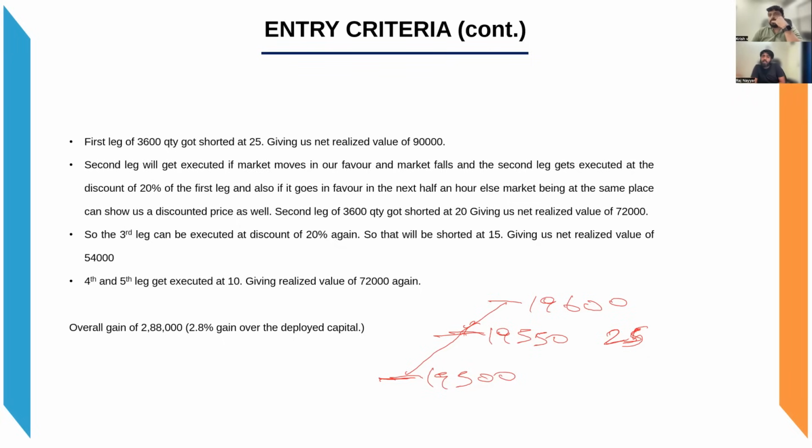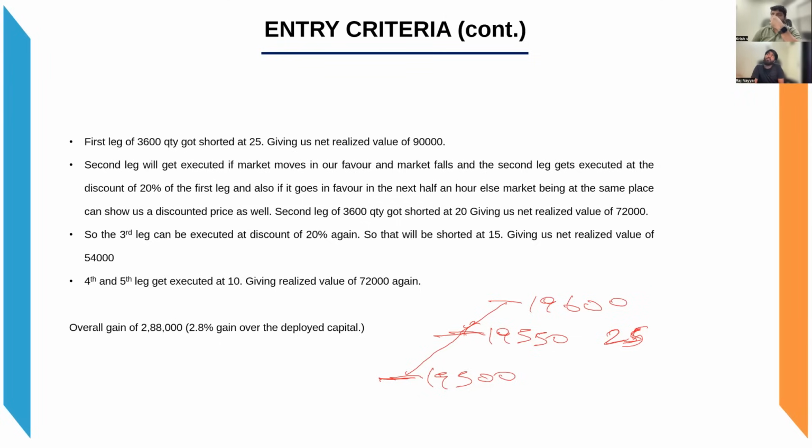I'll show it to you. Suppose the market starts moving in our favor and the second leg gets executed at a discount to the first leg. That is, if the first leg was executed at 25, we can short the second leg at the price of 20, a discount of 20%. So when can the market give us that level? If the market moves in our favor, or if it stays sideways for long.